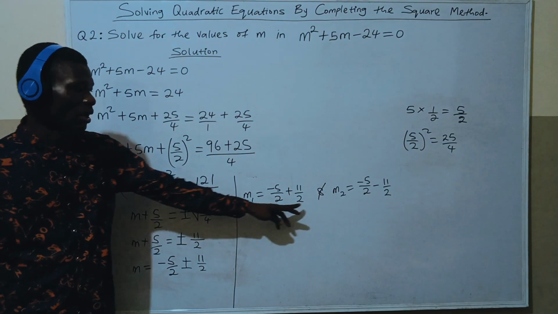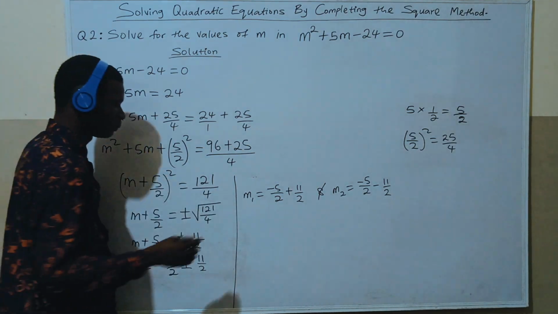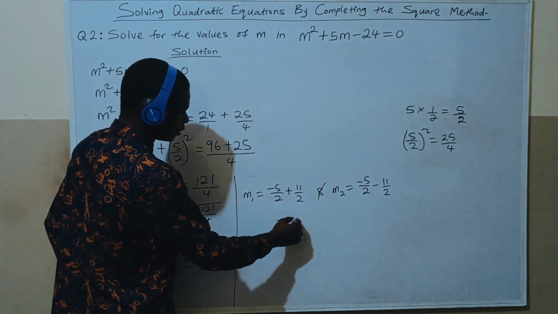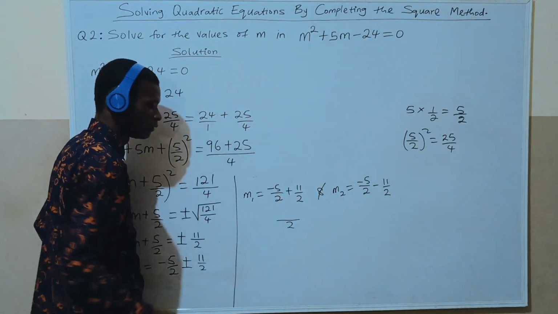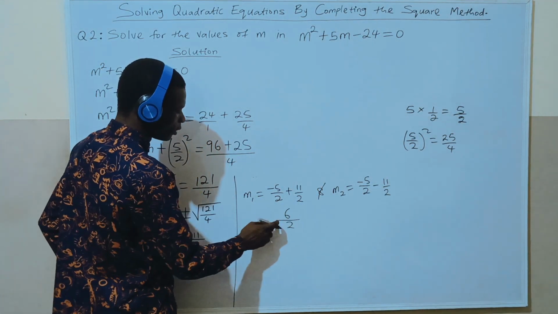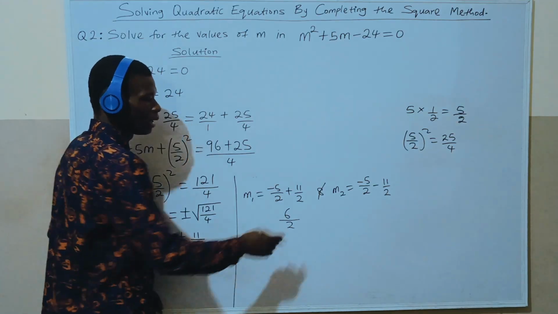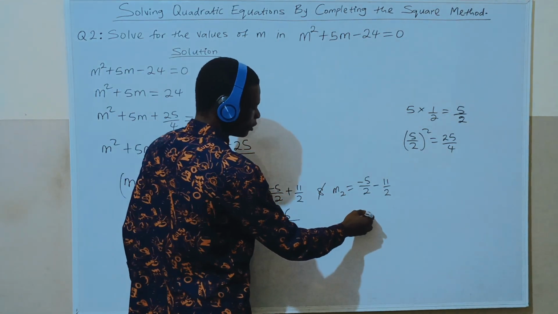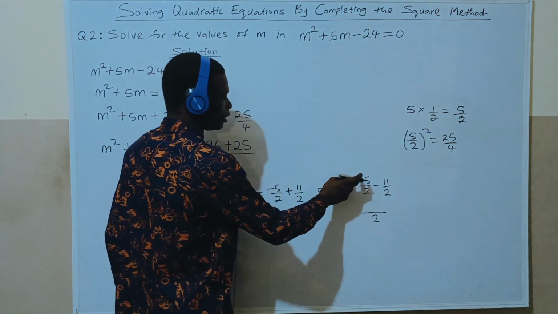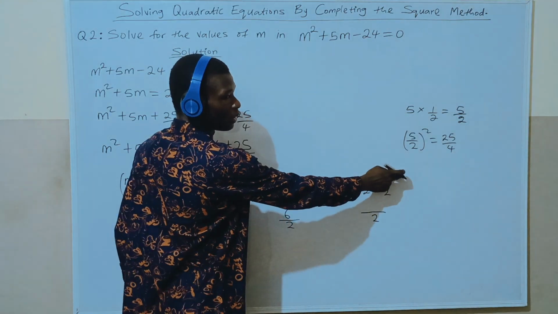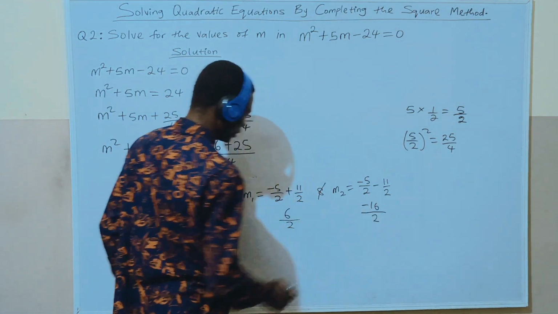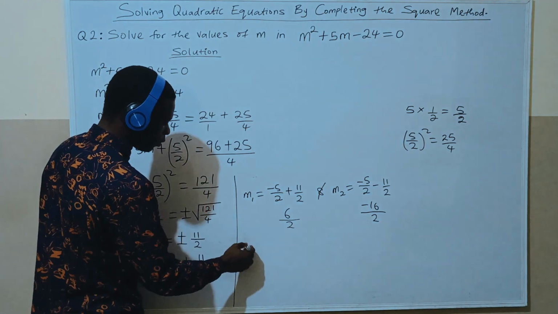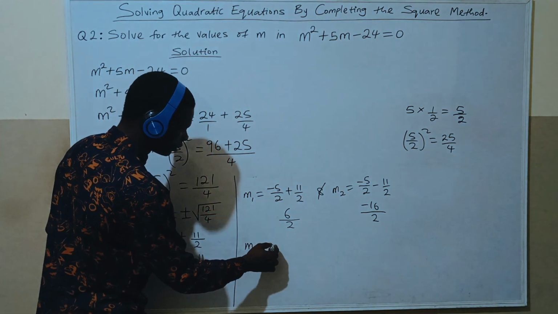Okay, so these two are having the same denominator. Just pick only one of them. That's going to be 2. Minus 5 plus 11, that's negative 5 plus 11. That's going to give us what? 6 over 2. And then the denominator also is the same, 2. So this time around is going to be negative 5 minus 11. So minus 5 minus 11 is going to give us minus 16. Of course, when you work this out, m1 is going to be equal to what?